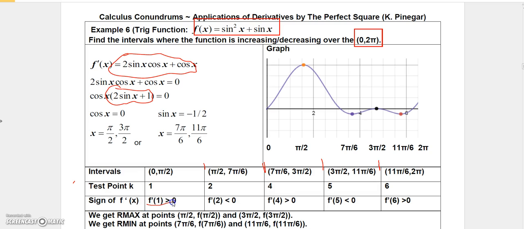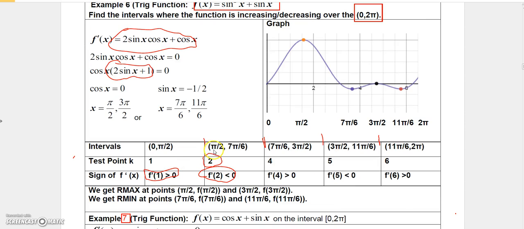So the derivative at 1 is positive. Then from pi over 2 to 7 pi over 6, that'd be the next interval, and the number 2 falls in that interval. When I evaluated the derivative at 2 on my calculator, I got a negative number.